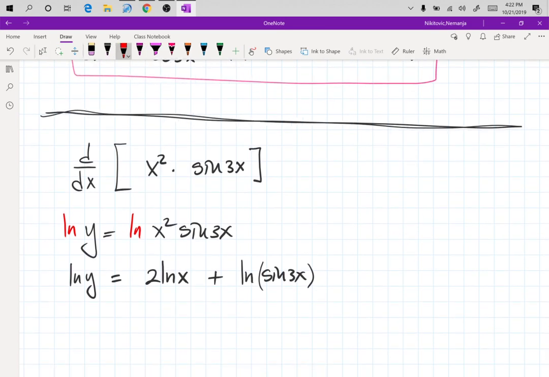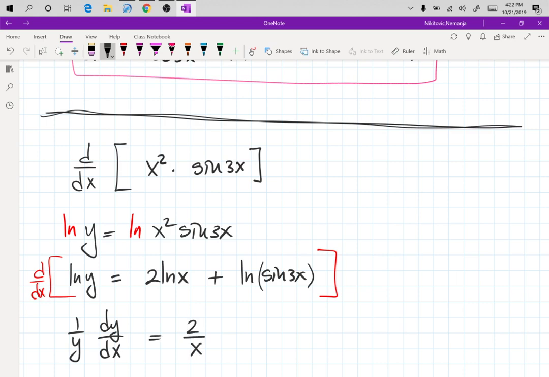At this point, you will differentiate both sides. So once you expand everything, you get your standard 1 over y dy dx is equal to 2 over x, because the derivative of ln x is 1 over x, times 2, plus we are supposed to write sine 3x here. Derivative of this is 3 cosine 3x. We remember that trig rule with a's, right?